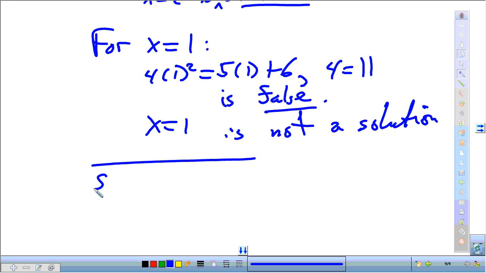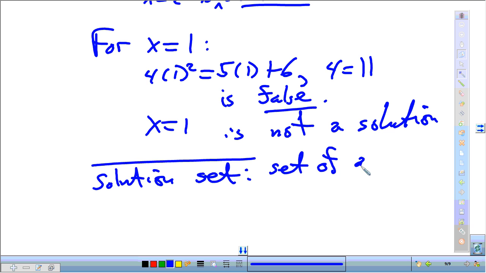And sometimes we talk about a solution set. So find all the substitutions that make it a true statement, which may be more than one. It might be one, it might be infinitely many.